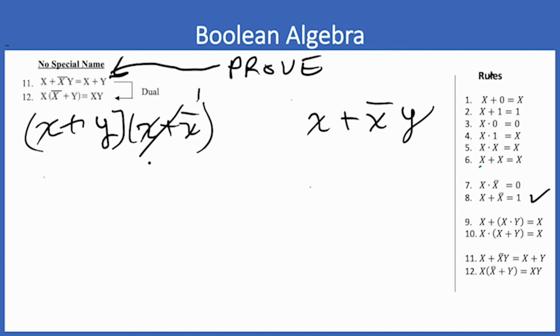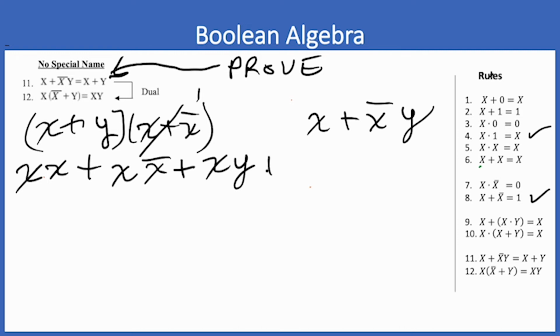And then any variable times 1 is just that variable, and that's what this one right here, number 4, says. Okay, so let's expand this expression. So we're going to get xx plus xx bar plus xy plus x bar y.